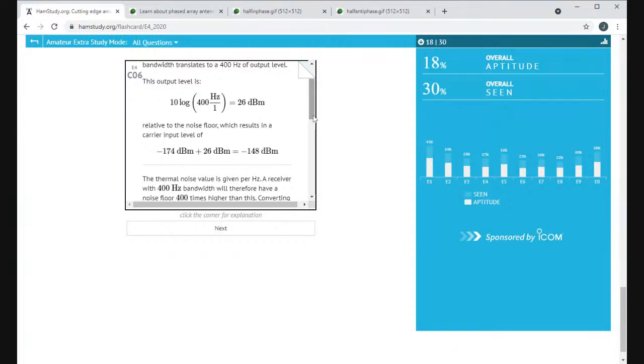So 10 log 400 equals 26 dBm. So negative 174 dBm plus 26 equals negative 148 dBm.